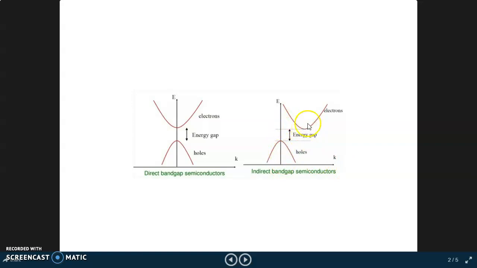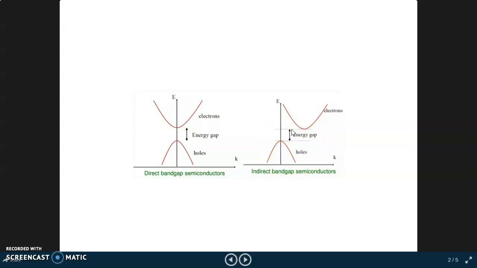So here the electrons from the conduction band have to lose some energy and then come to the valence band. So there is some loss of energy here. The dissipation of energy results in either phonon, which is a vibration, or heat will get emitted.